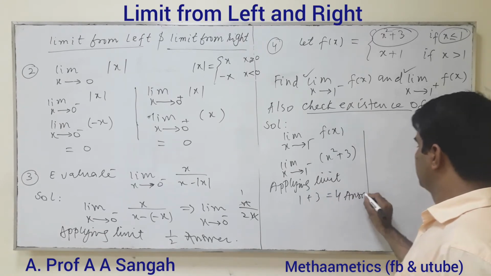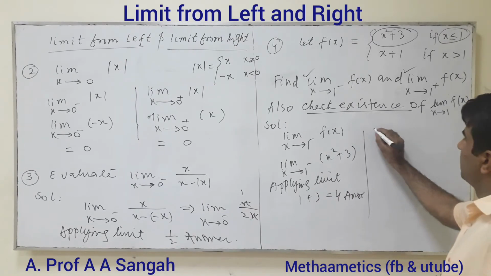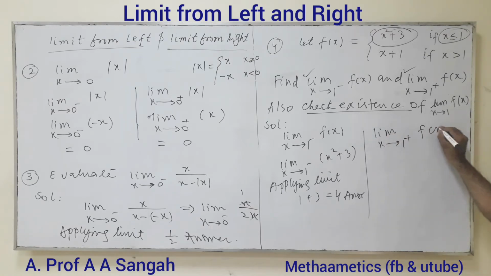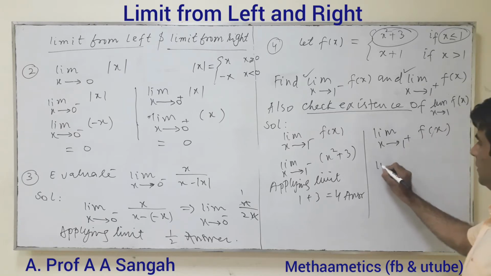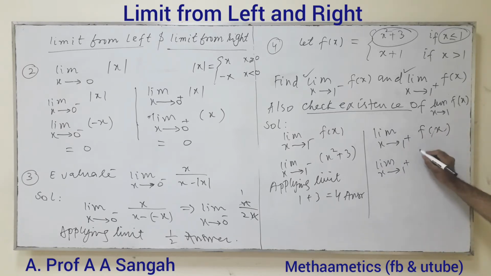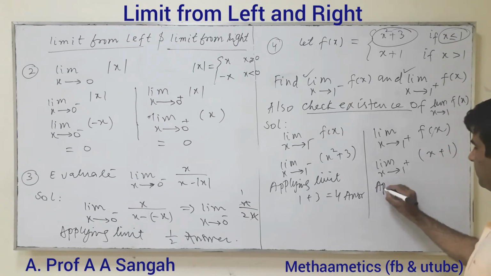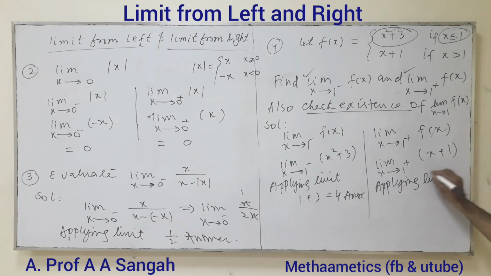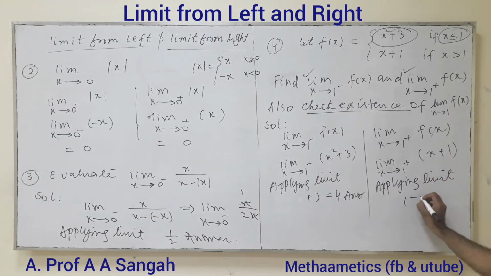That's the answer. And here, right hand limit, x tends to 1 from the right hand side of the function, we have x plus 1. Applying the limit, we have 1 plus 1 equal to 2.